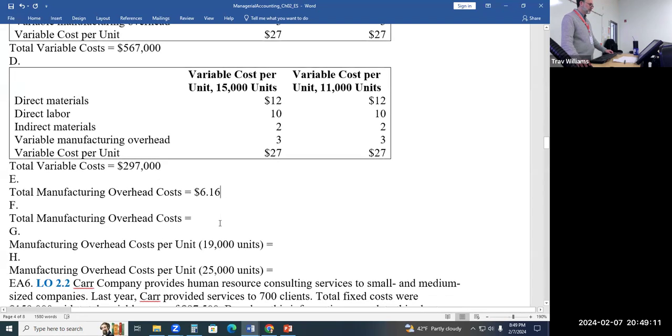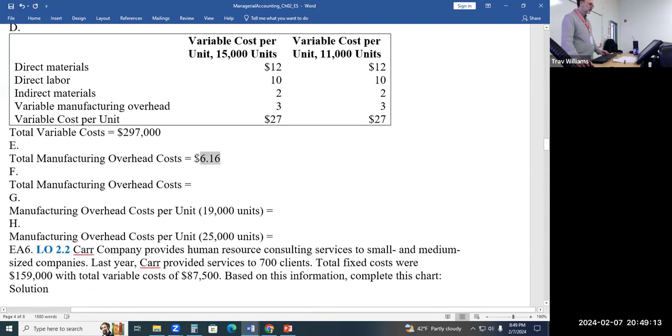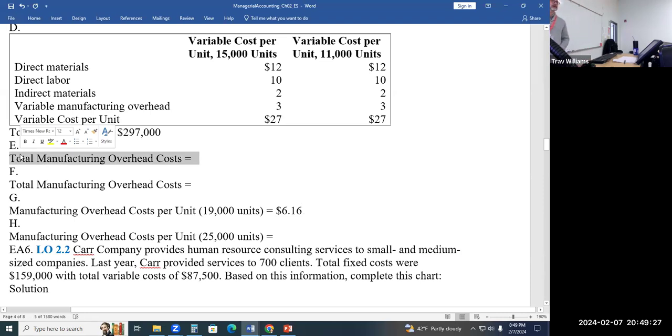Oh, but you know what? I'm answering this question. Sorry, I skipped ahead. I answered manufacturing overhead cost per unit. This is total manufacturing overhead costs. So sorry about that. Let me back up.